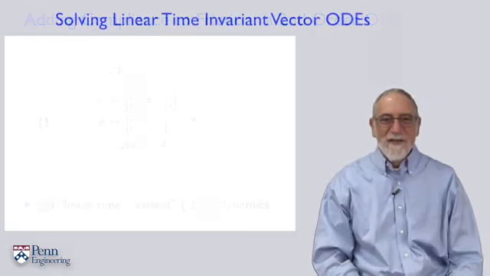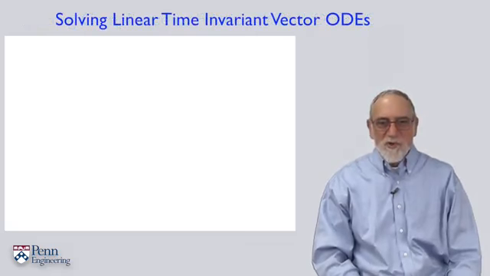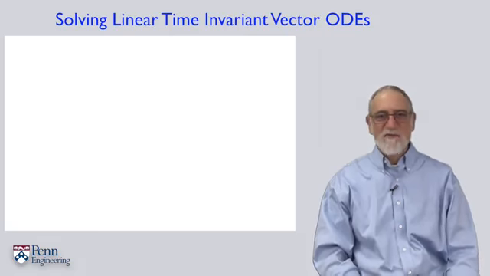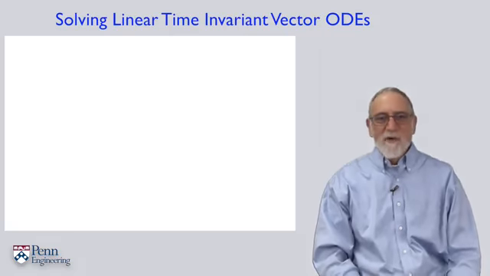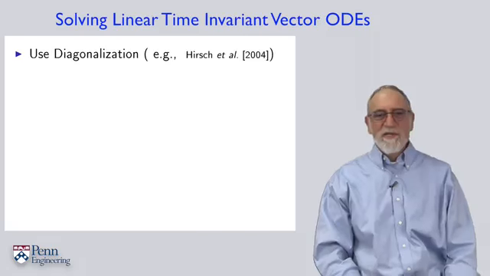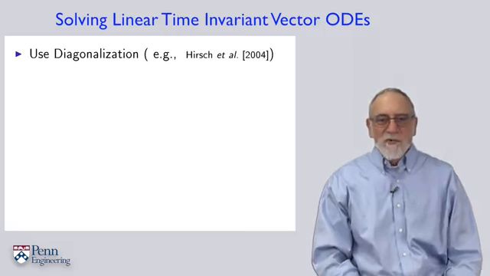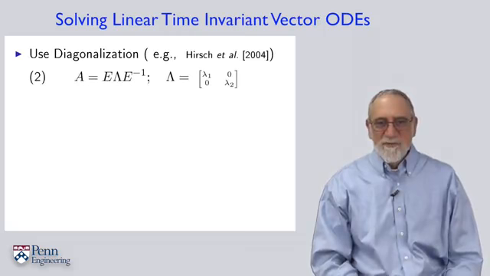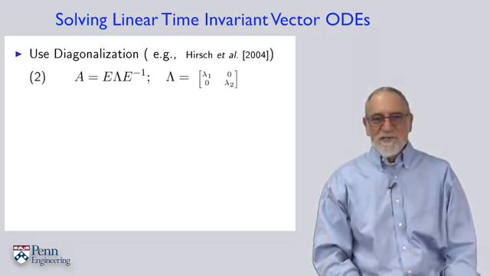Let's move ahead. Now we have a two-dimensional LTI system, and we have to think about solving it. How will we solve it? We'll use diagonalization. Here I refer you to the excellent textbook by Hirsch and Smale and Devaney, which has been published in a few editions, the most recent 2004. You'll remember from linear algebra that matrices can generally be diagonalized.